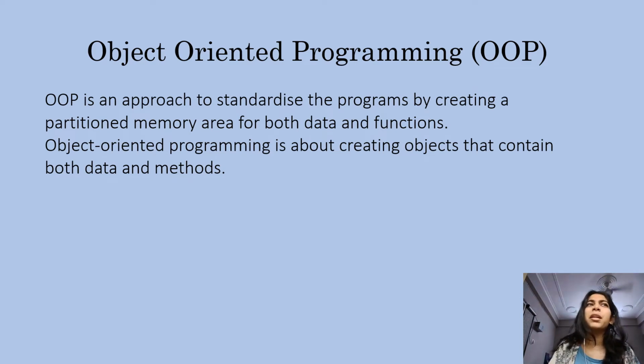Basically, it makes it easy to maintain and modify the existing code, right? Now, how does it become easy? It becomes easy as the new objects are created by inheriting characteristics from the existing ones. You'll be able to relate this with the example I mentioned earlier, right?